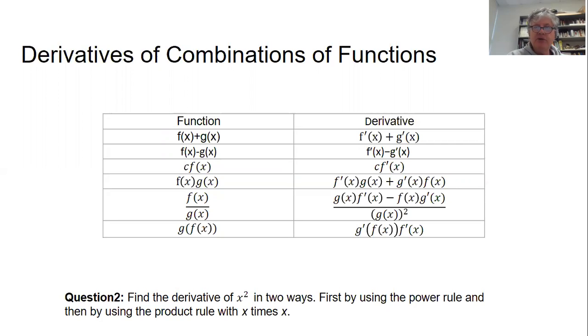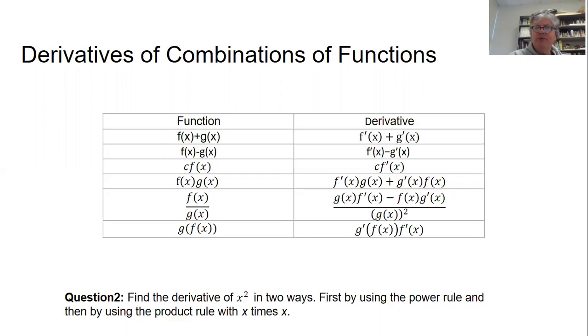And that's true also for the difference and constant multiples. The two new rules are the product rule. So the derivative of fg is f prime times g plus g prime times f. And in the next slide we'll see why that's so.